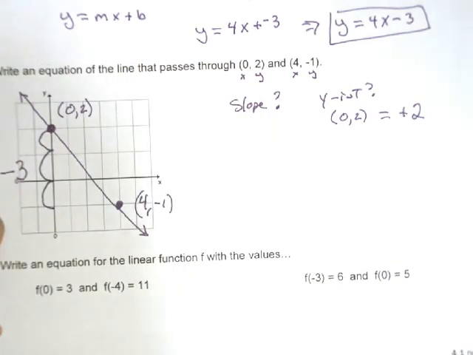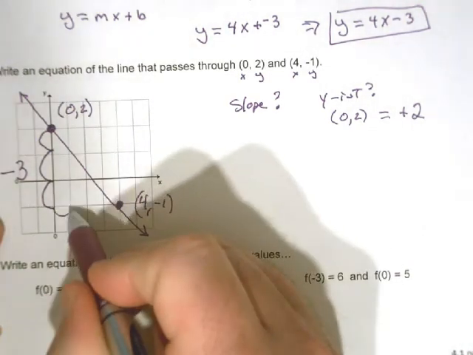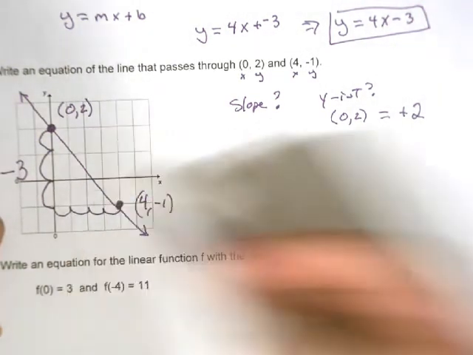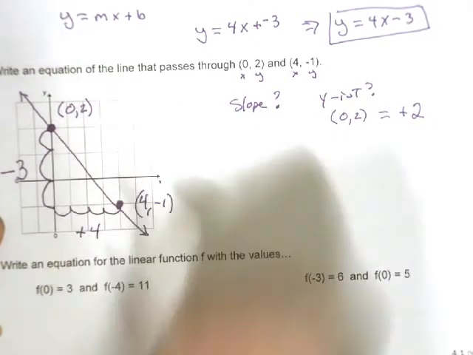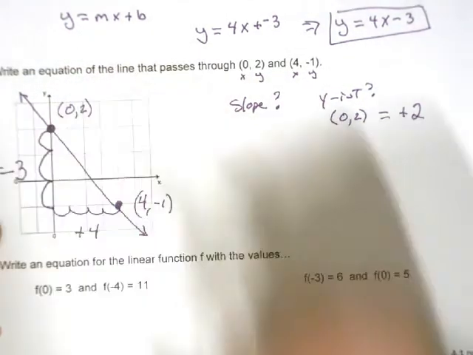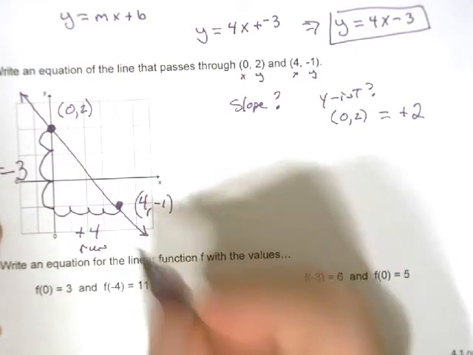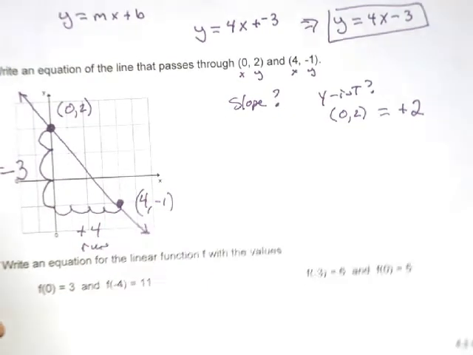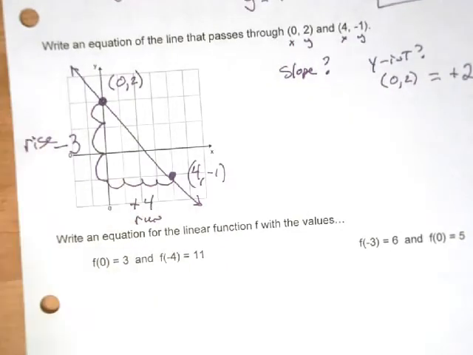So I went down 3, and 1, 2, 3, 4 went to the right, so that's a positive 4. This is my rise information. This is my run information.